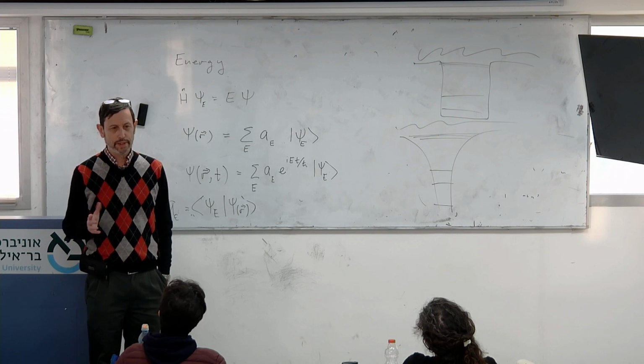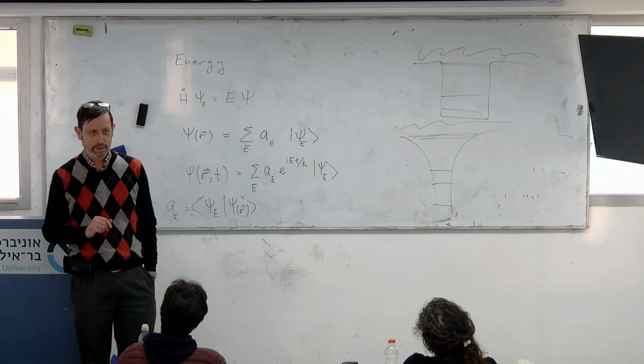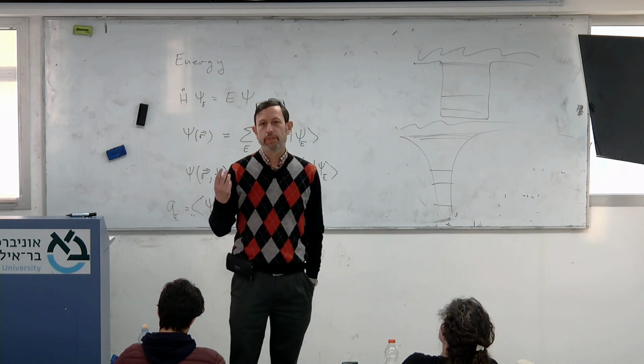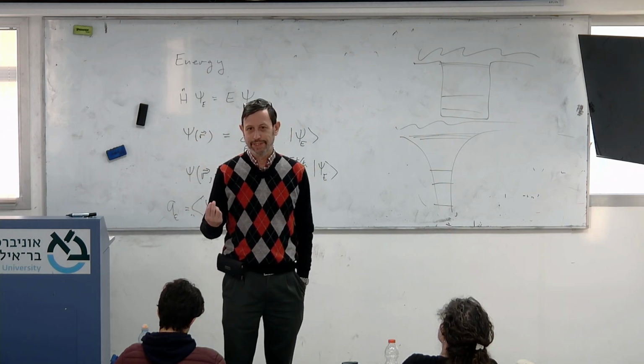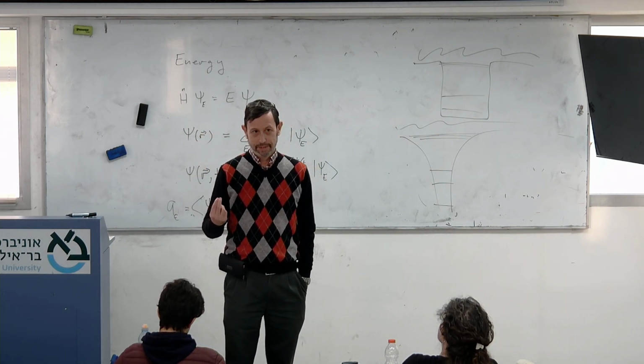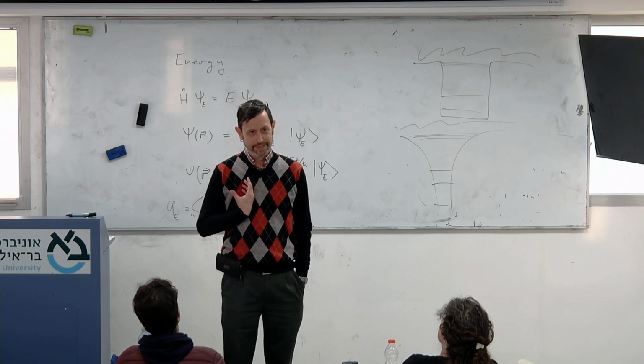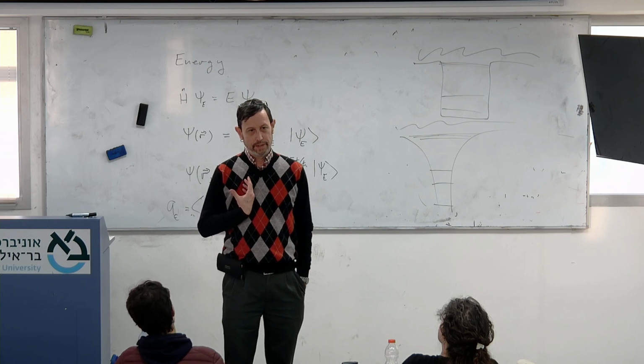Not sure you touched upon it. We will do it. The hydrogen atom has a lot of degeneracies in energy. So if I'm telling you an energy, it doesn't specify the wave function I'm talking about.